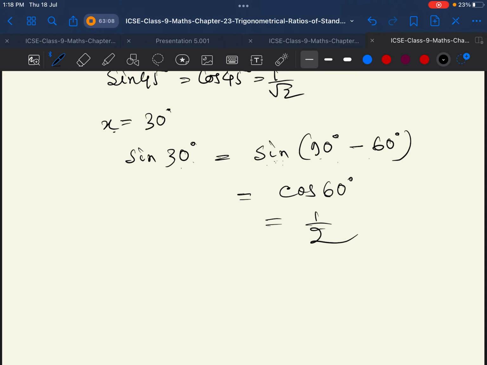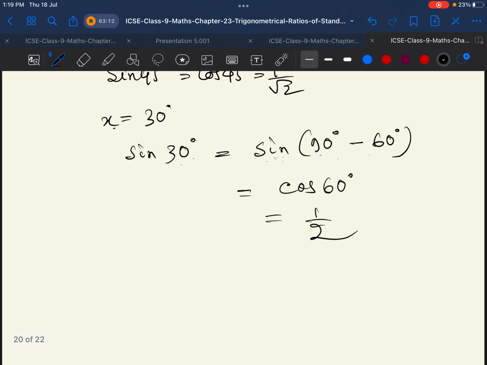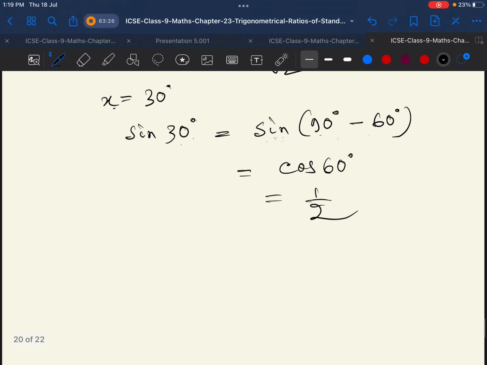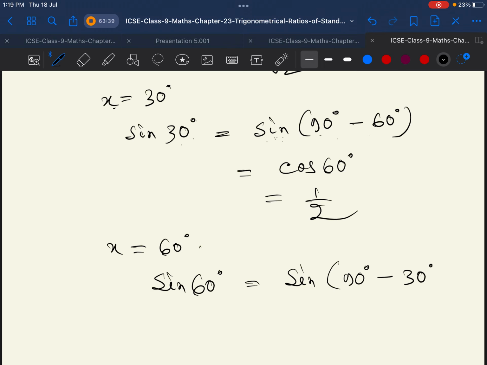When we learn the chapter on complementary angles, then this matter will be clear. We will see there that sine theta equals to cos of 90 minus theta. Now if x is 60 degree, then we can write sine 60 degree equals to sine of 90 minus 30.